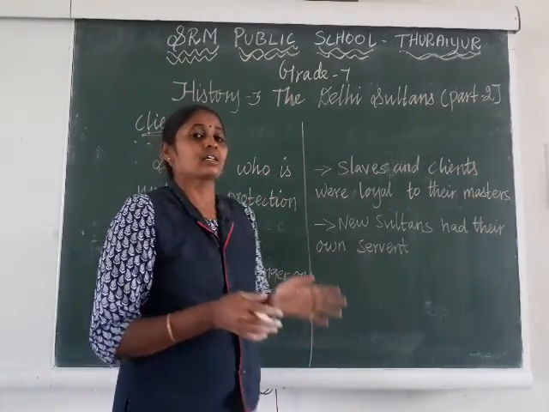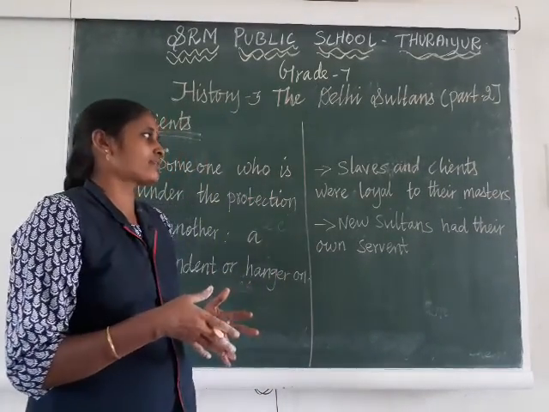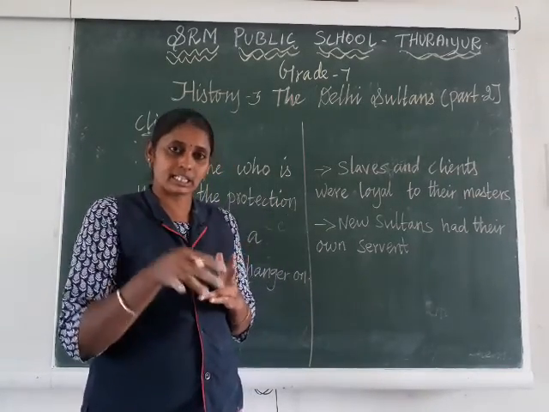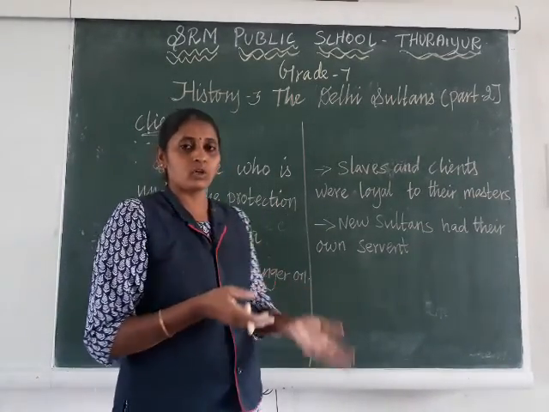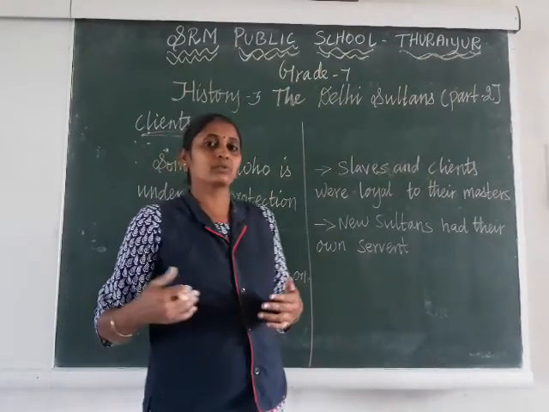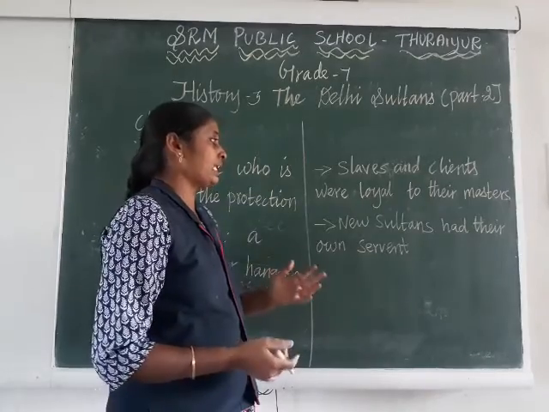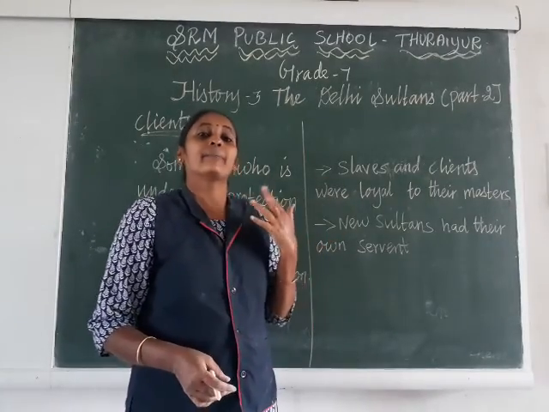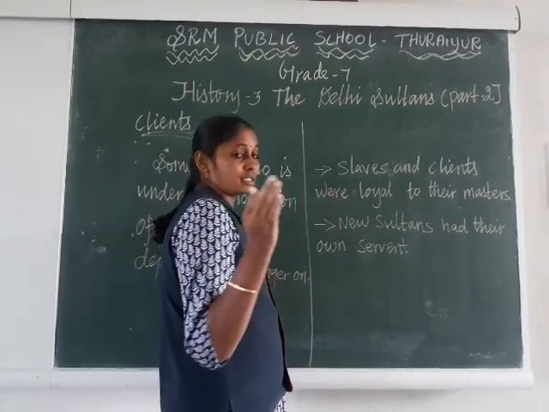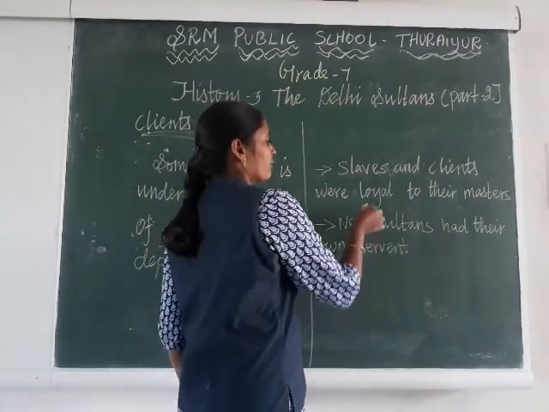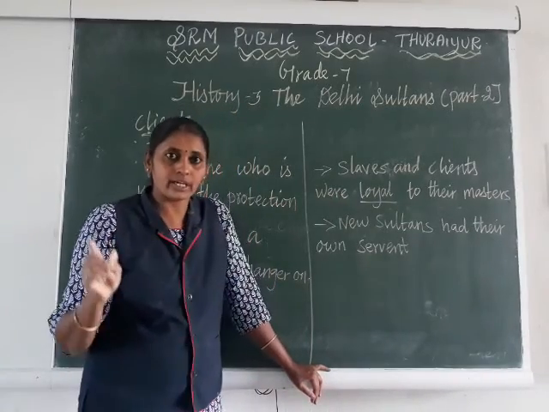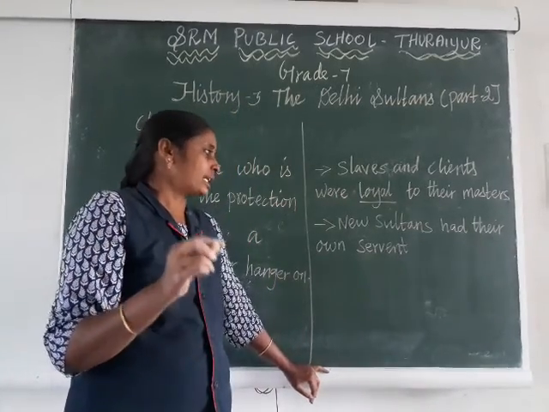These clients and slaves were very important persons of the Delhi Sultanate, particularly in the Muhammad Tughlaq and Alauddin Khilji period. These two kings believed in these slaves and clients alone, as they were very loyal to their master.